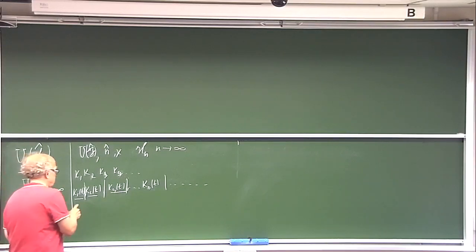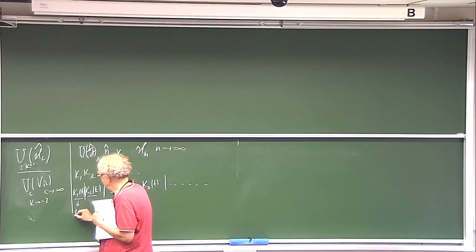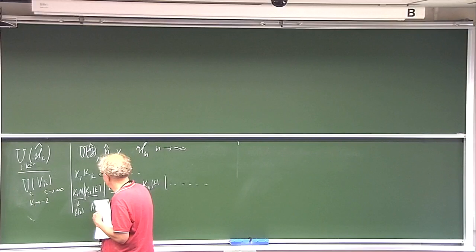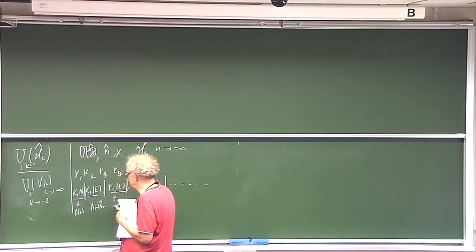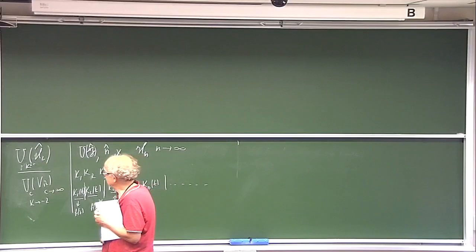Naively, what is its correspondence? So this corresponds to a differential operator of first order, this to zero order, this to first order, this to third order, and so on. And the situation is the following.